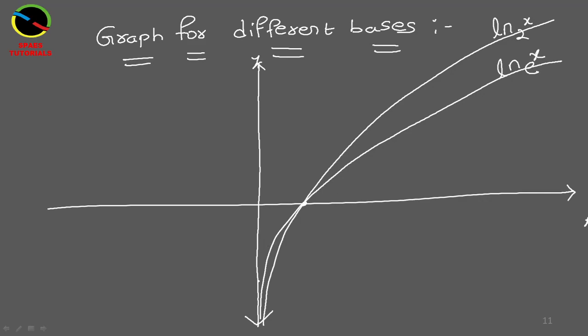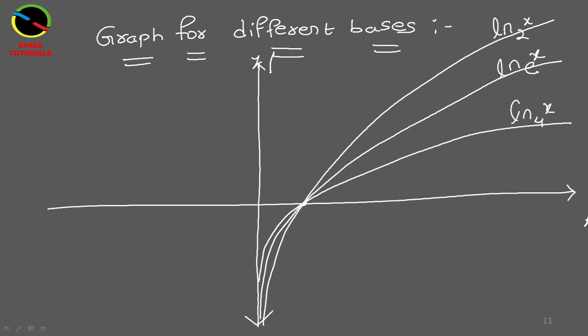Now this is going to be the graph of ln x base 4. See, the graph is lowering down. Very easy to understand this. See, ln 16 base 2 is 4. Similarly, ln 16 base 4 is 2. For the same x value, the graph is lowering down, and the e value is 2.718, which we have seen is between 2 and 4. So these are the graphs.